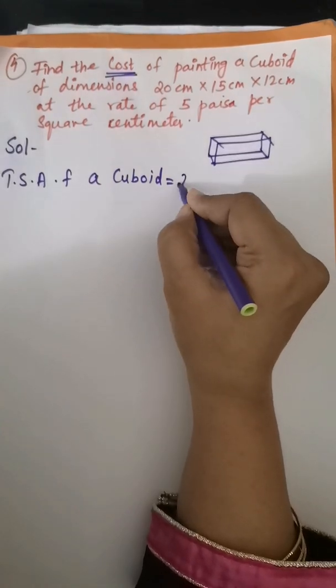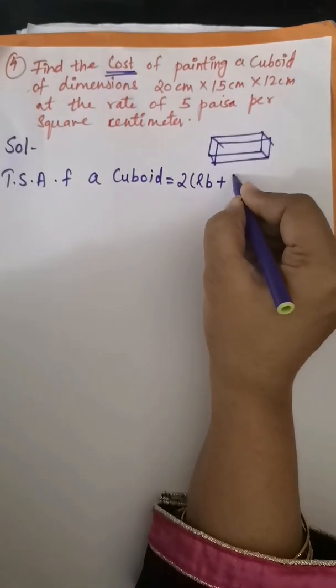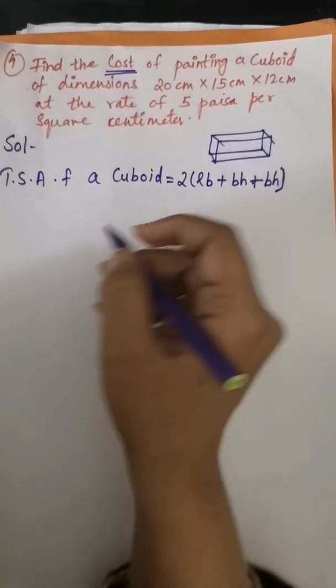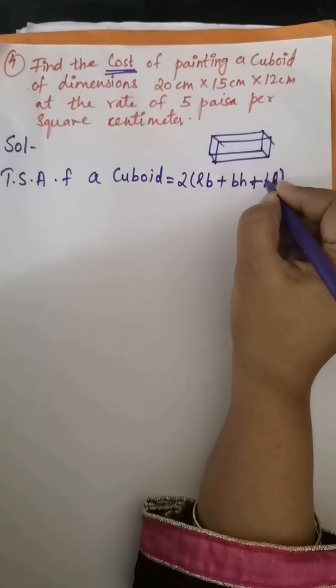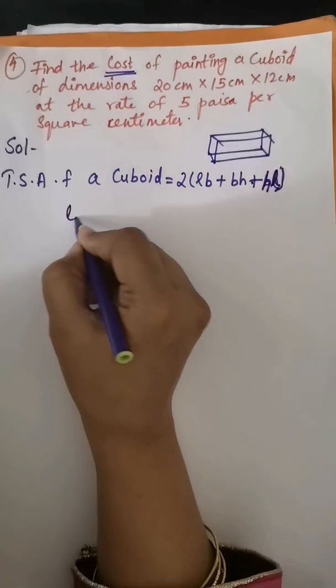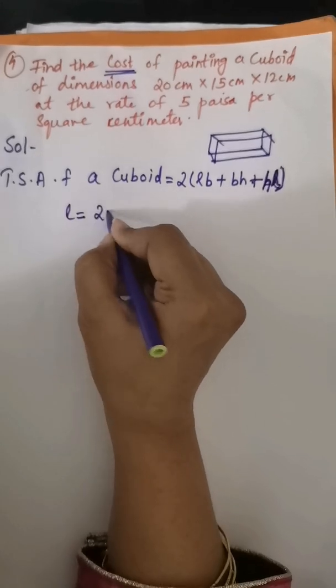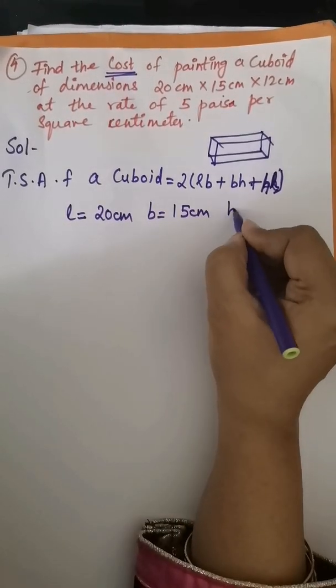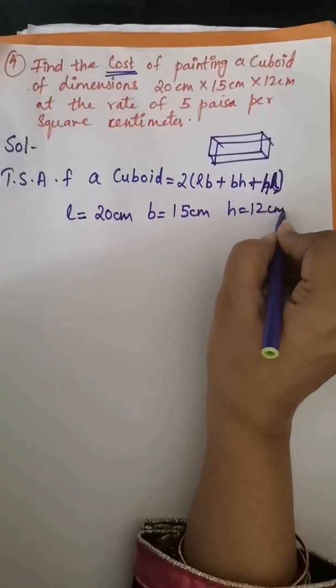Now TSA of a cuboid is 2 into LB plus BH plus HL. L is given as 20 centimeter, B is 15 centimeter, and H is 12 centimeter.